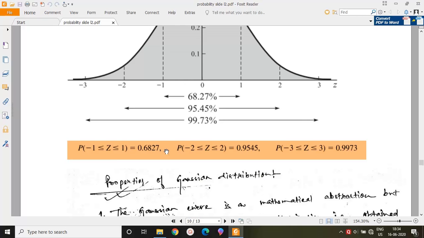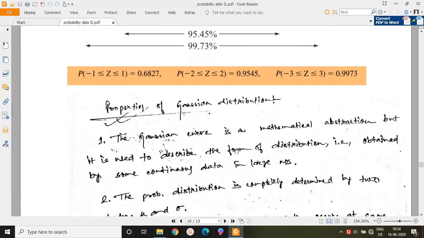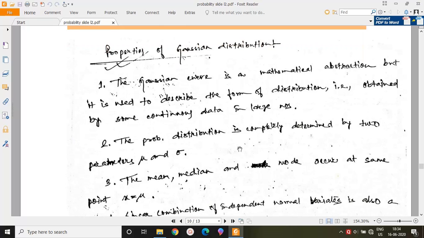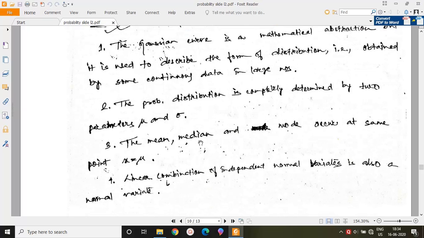What are the properties? We have already said it's a mathematical abstraction, but in practice many distributions in nature are of this form. The probability distribution is completely determined by two parameters, mu and sigma. That also we have shown you. The mean, median and mode occur at the same point.